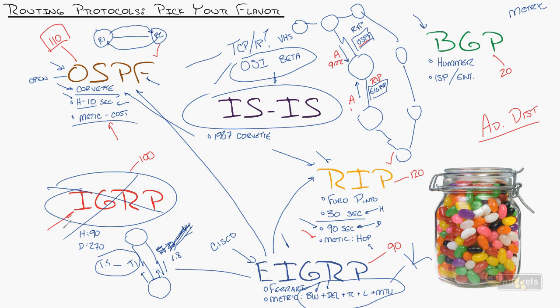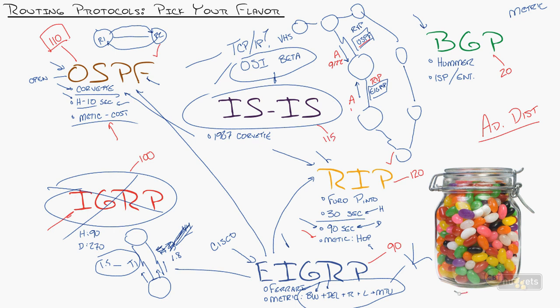And that's probably one of the reasons it's no longer around. It's gone. So again, ones you would want to know: OSPF, RIP, EIGRP. Just so this scene is complete, IS-IS, just FYI, you won't need to know this, has an administrative distance of 115.